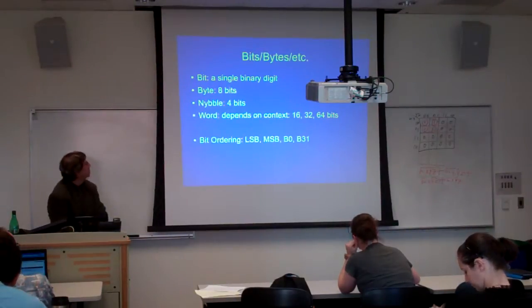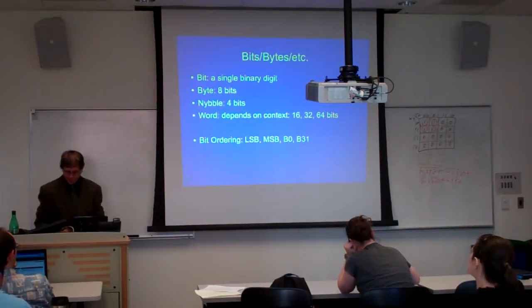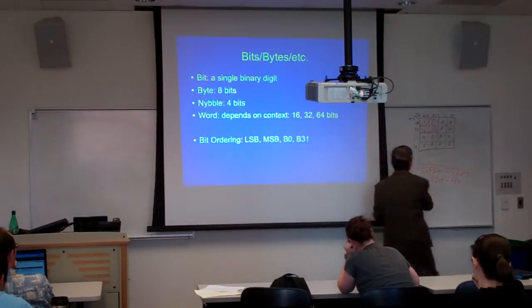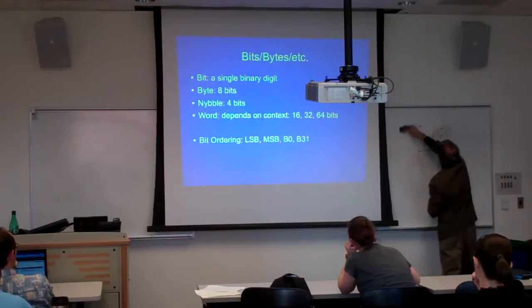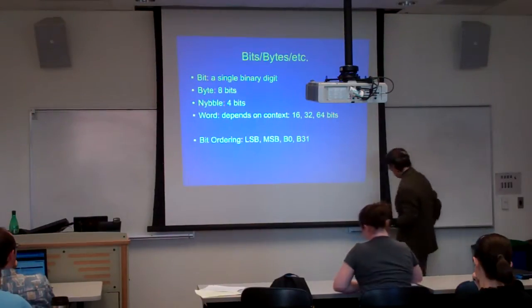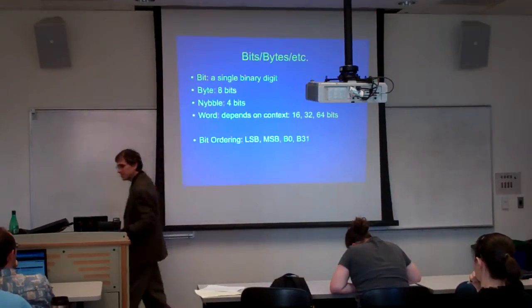So some terminology and conventions up front. We've talked about bits. Bits are binary digits, okay? They're a 1 or a 0, typically. And we don't usually deal a lot with just individual bits. We usually deal with groups of bits.